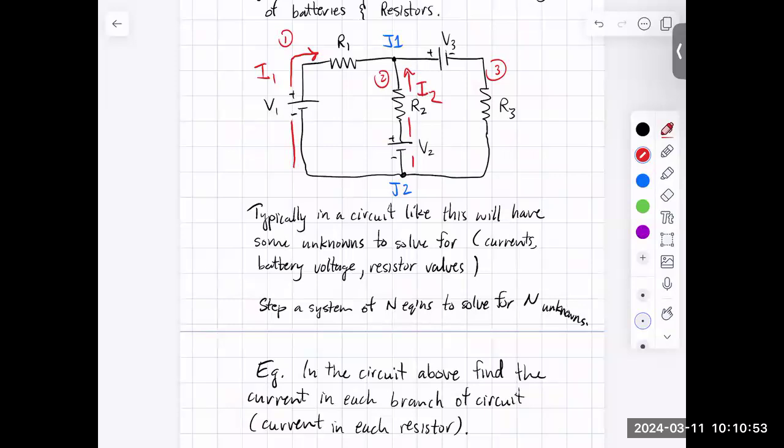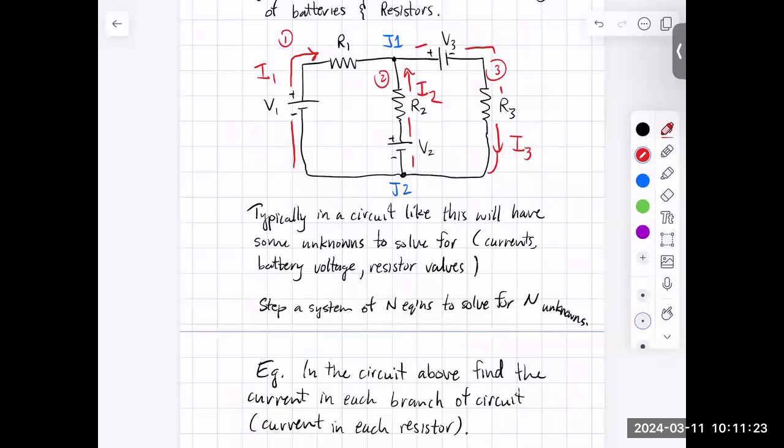I've also just chosen upwards for no particular reason. I just have to make a choice. And then finally, we have our third branch, and we'll assign a current I3 in that third branch. And this time, we'll make that current go downwards through R3. Doesn't matter, just got to make a choice. Okay, so that's step 1 done.